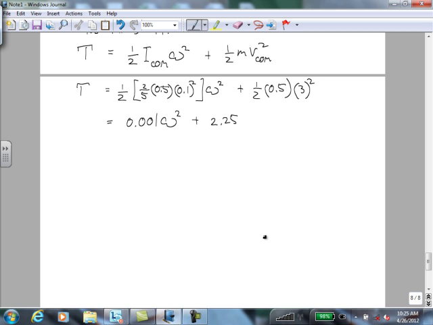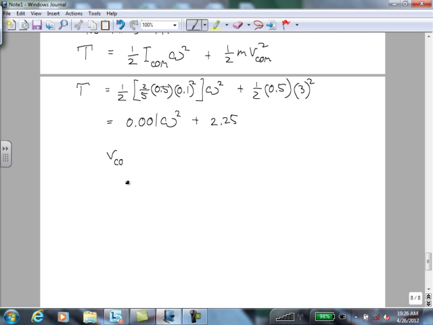Okay, so that's the kinetic energy, but we know that omega is constrained by the speed. So now we have to deal with the constraint equation that relates our different variables. This is rolling without slipping. We haven't calculated any rolling in this class, though we rolled down that hill one day.